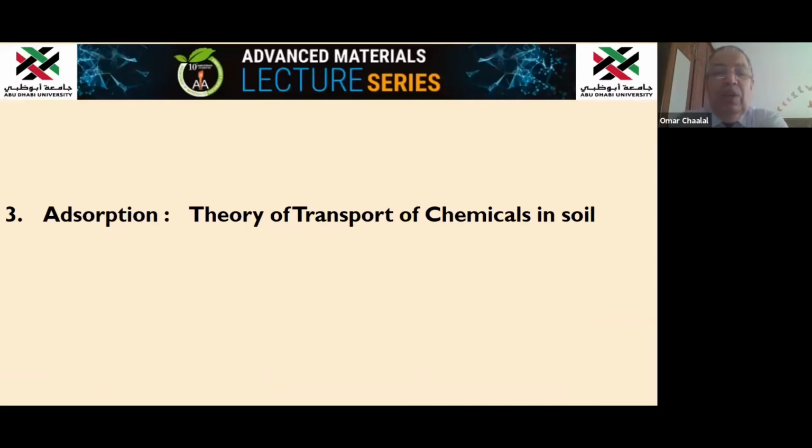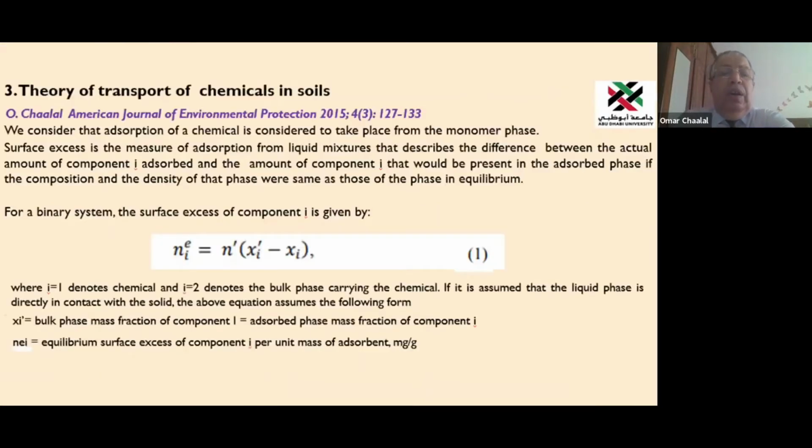Now, I will talk about the theory of transport of chemicals. I will do a quick introduction, but if you want to see all the steps, you can consult my publication in the American Journal of Environmental Protection 2015. We have here a driving force, which is just the concentration difference between the equilibrium and any concentration which is far from equilibrium.